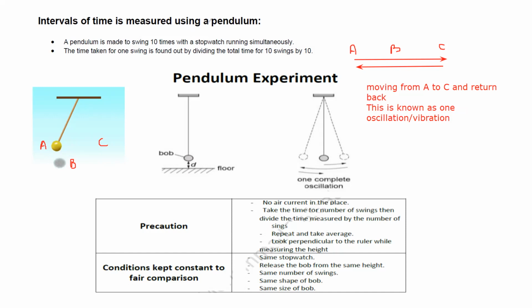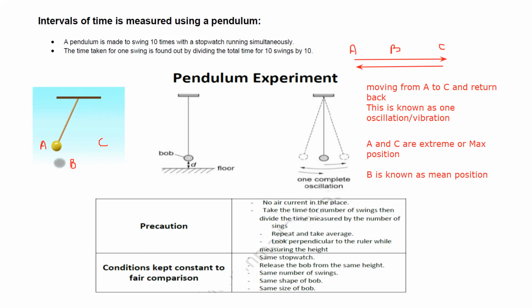There are positions as well. Positions A and C are known as extreme positions, or maximum positions, where B is called the mean position or the center position.